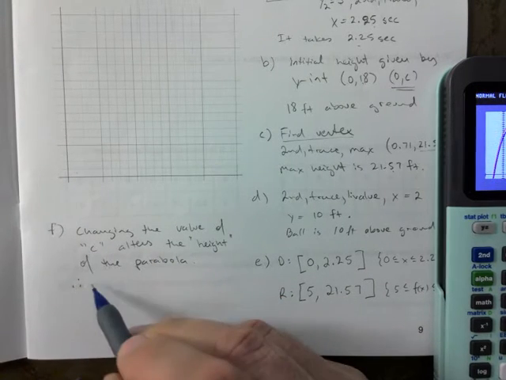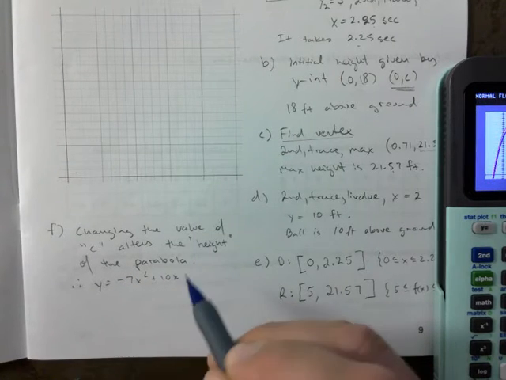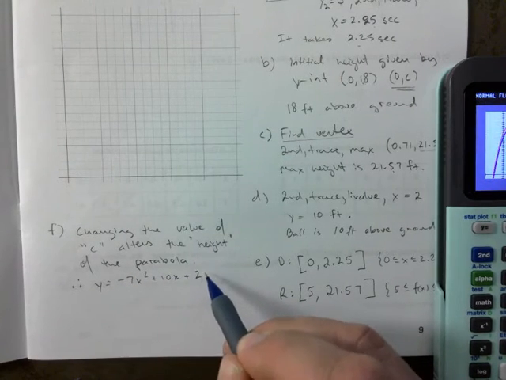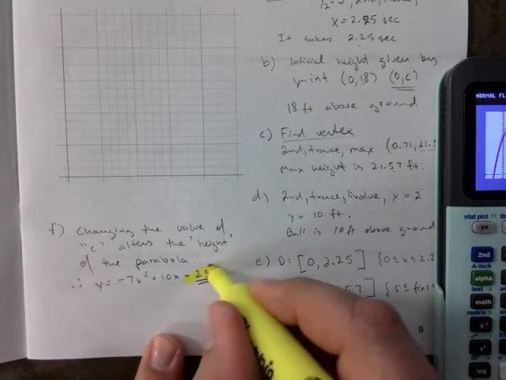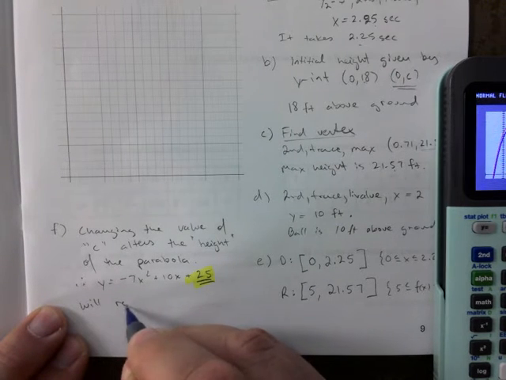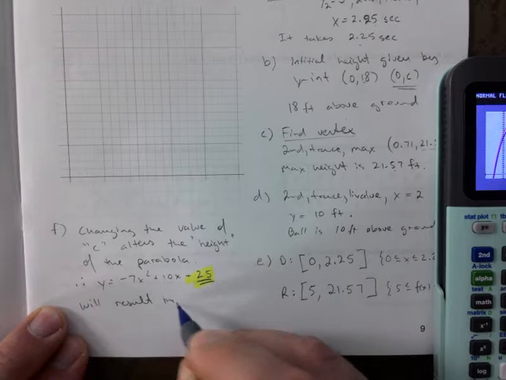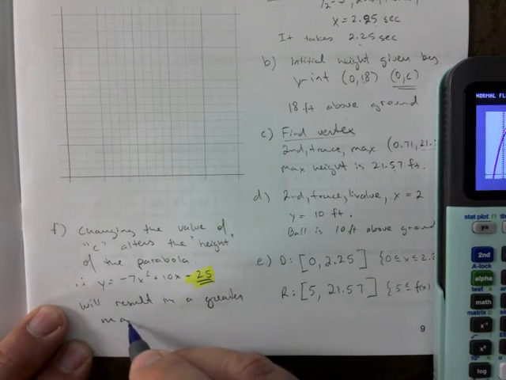Therefore, y is equal to negative 7x squared plus 10x plus, let's say, 25, will result in a greater max height.